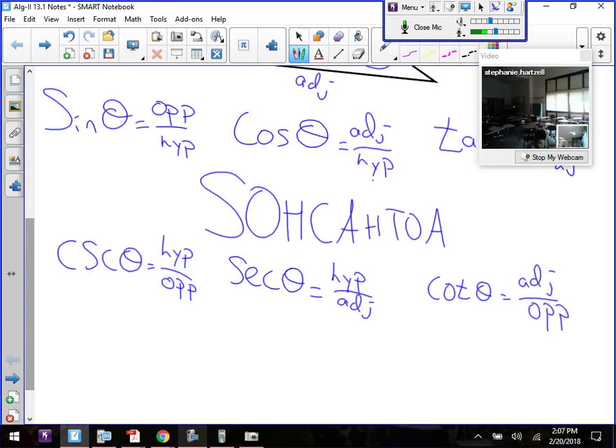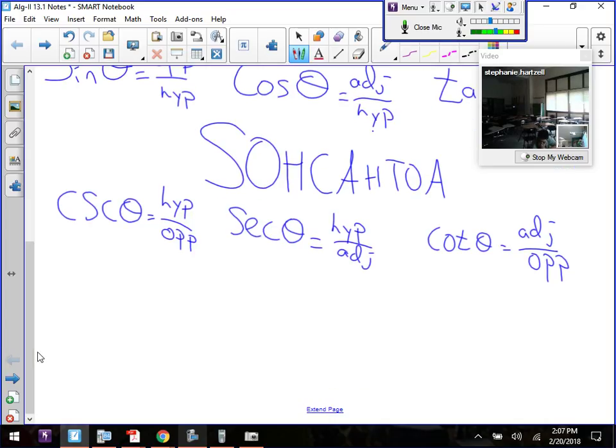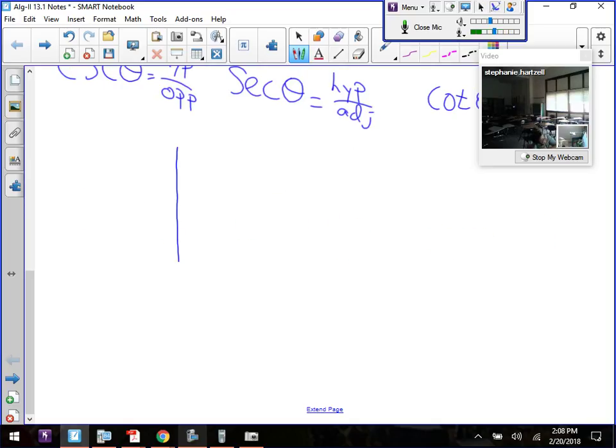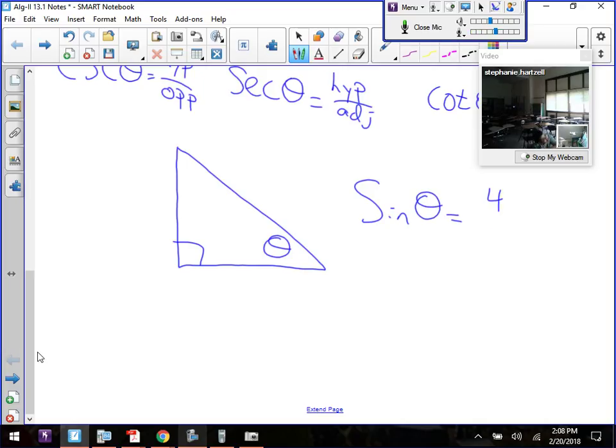here's what I mean by this. When you have right triangles, how many sides do you have? Three of them. Very good. So if I place a theta, and I say that the sine of theta is 4/5, that means that the 4 is the what?